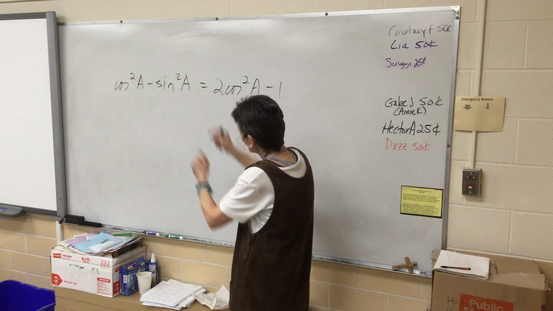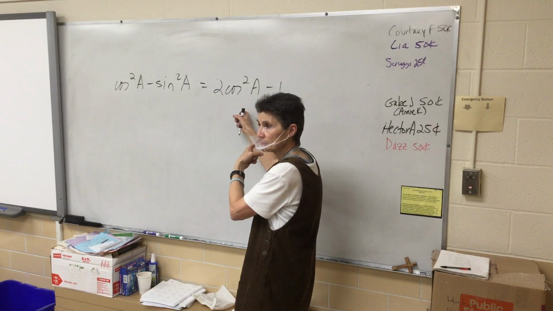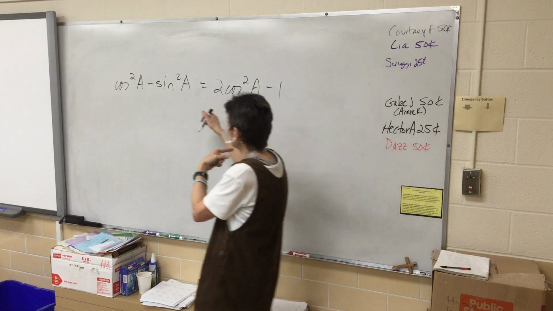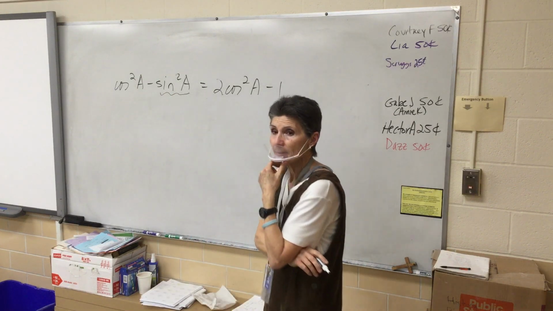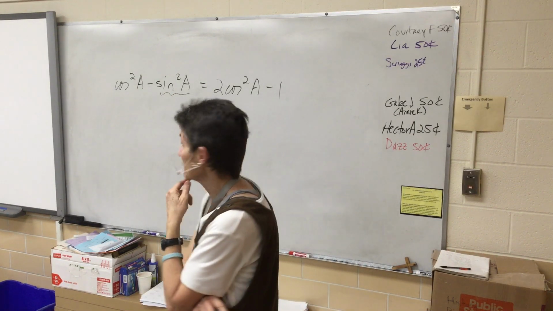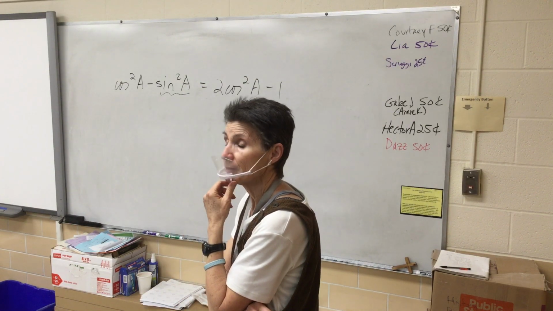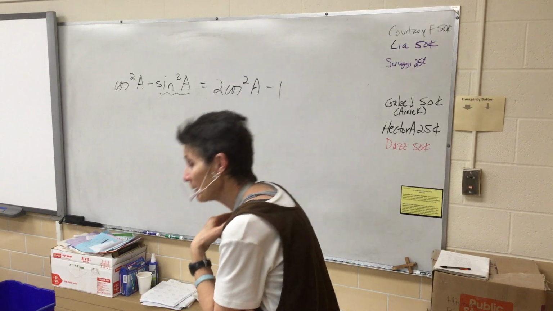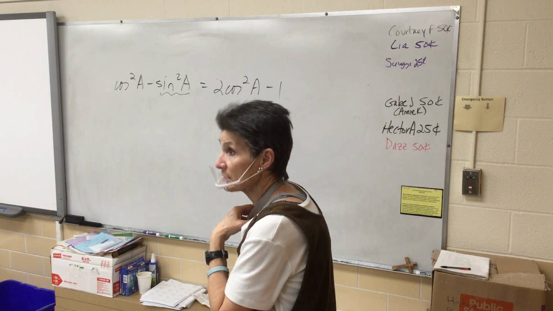Well, assuming you're going to work over there, are there any signs on this side? So wouldn't it be great if we could get rid of the signs? Is there a mechanism for changing sine squareds into cosines? There is. What do we know about sine squared?